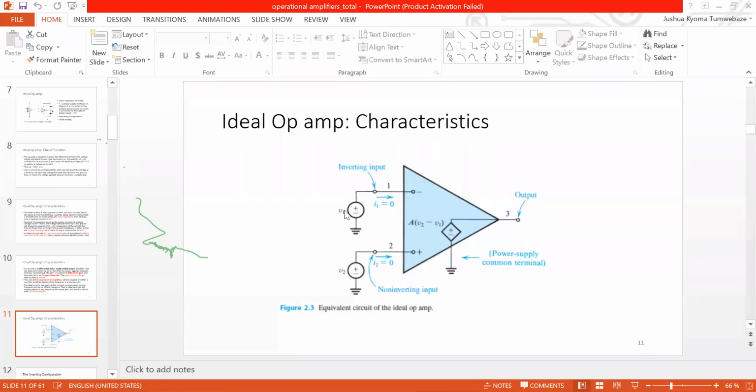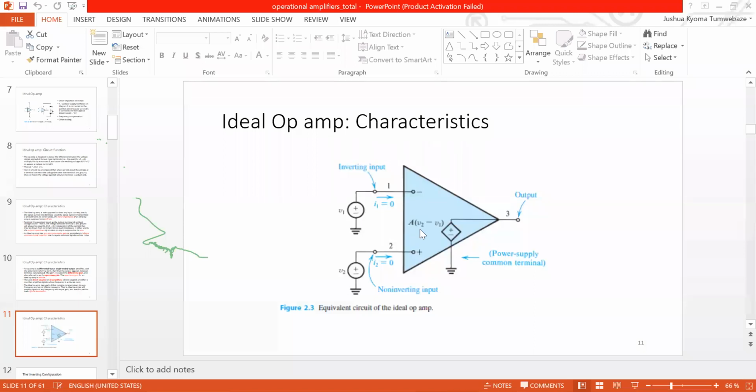Here you can see that the input current into the inverting input terminal is 0. The input current into the non-inverting input terminal is also 0 because the input impedance between these two terminals is infinite.